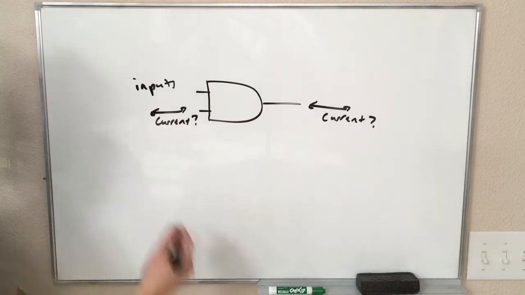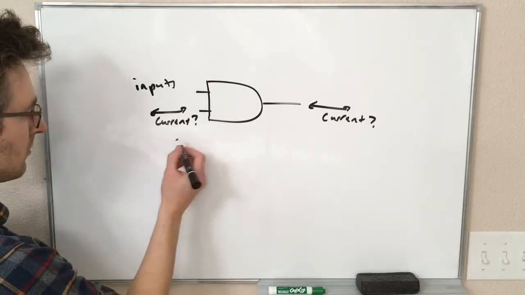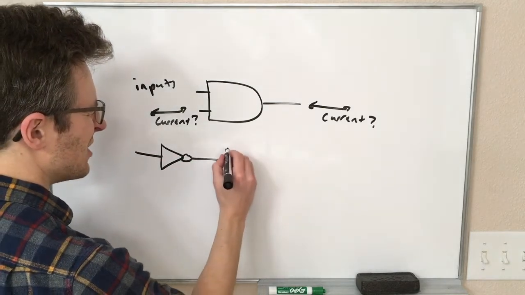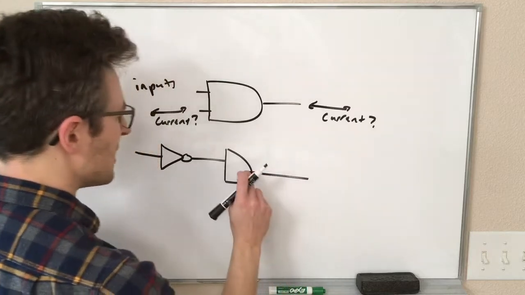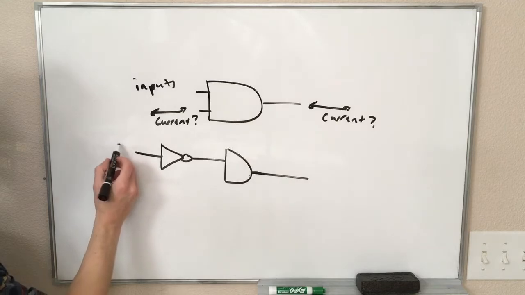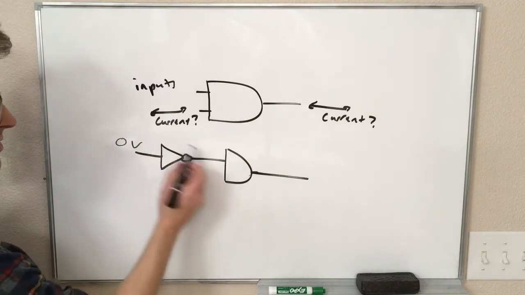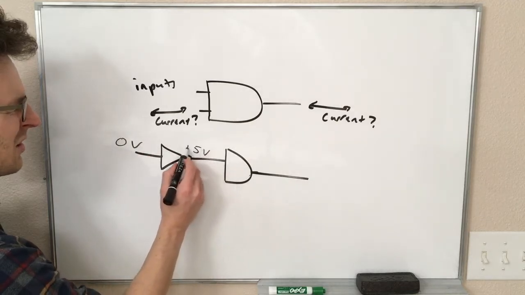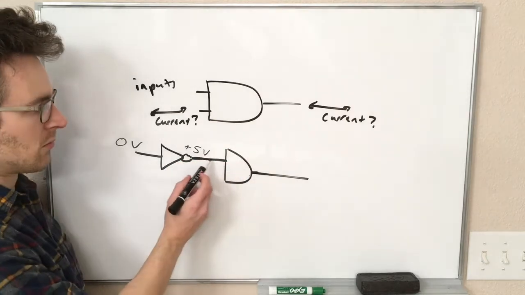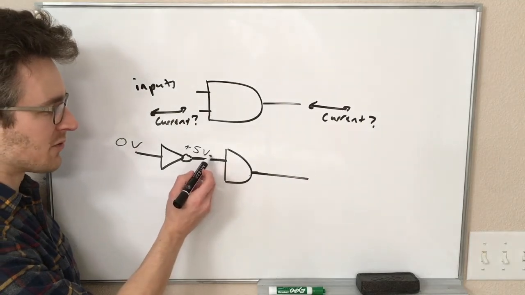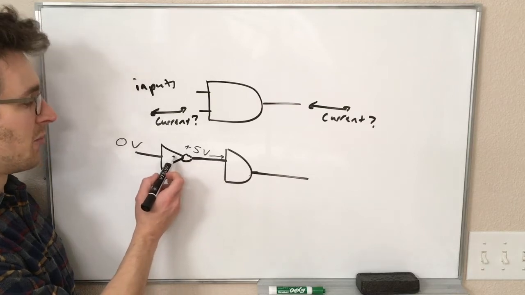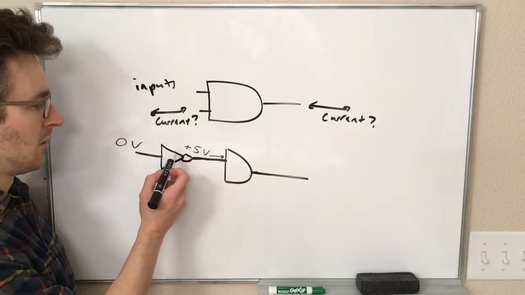So if we do something like have, let's say we have an inverter, a NOT gate, connected as the input to our AND gate. If we have this at 0 volts, that means the inverted value here is going to be 5 volts. To keep this at 5 volts, we are going to have current flowing into this gate, and that is going to have to be coming from this gate, from the power supply.